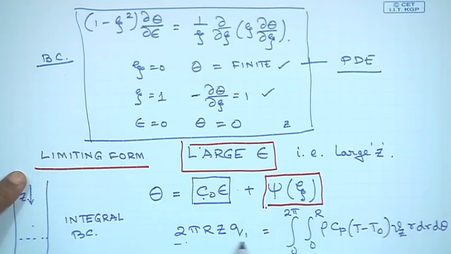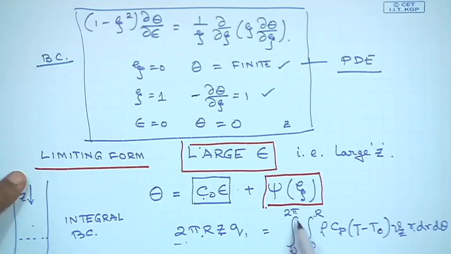Look at this part, I think it is clear, the amount of heat added to the volume of the liquid from 0 to z, and this equation essentially tells you that the total mass of fluid, which is rho times r dr d theta integrated over the appropriate limits, Cp times T minus T0, where T0 is the initial temperature and T is the temperature at any z location.